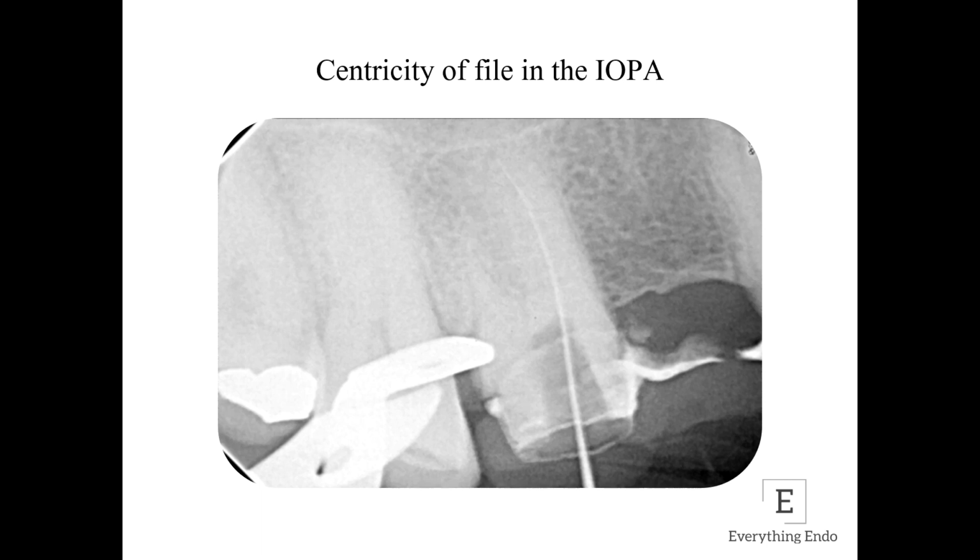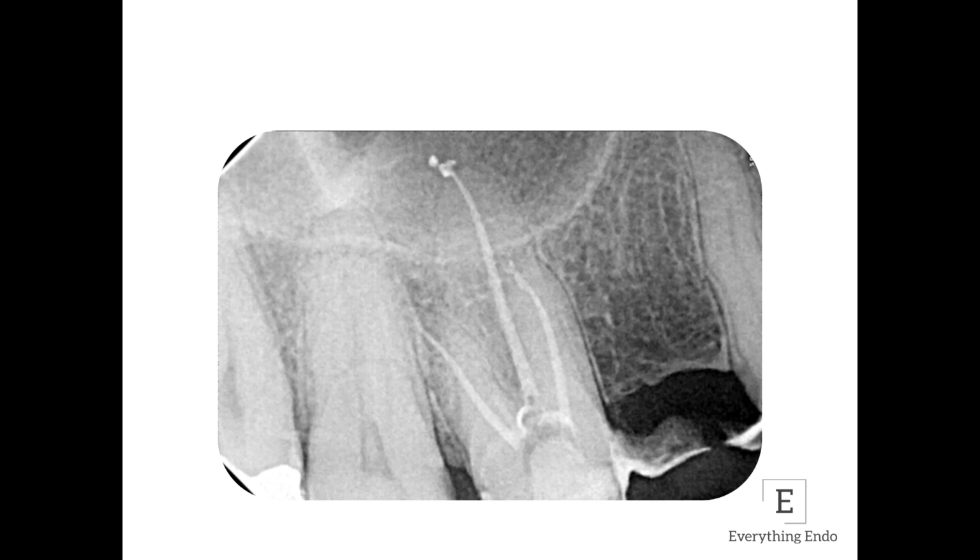If you find that this file is more or less in the center of the root and not leaning towards one side, the chances that you have missed an MB2 canal are much lesser. These are not absolute rules, but certain guidelines which we can go by as to whether or not there is an MB2 canal in a particular case. So that's the finished post-operative radiograph of this case.